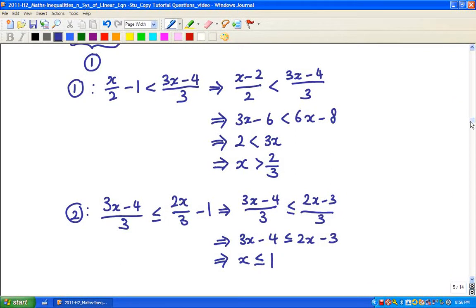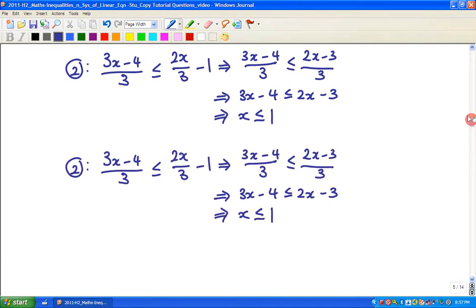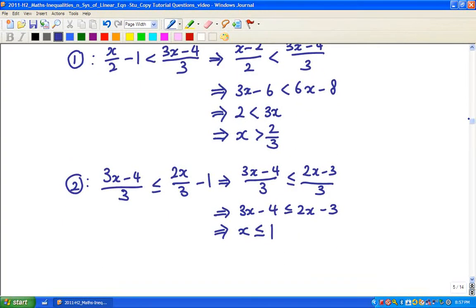Now when we have solved both inequalities 1 and 2, we will now draw the number line to solve for the inequalities simultaneously.